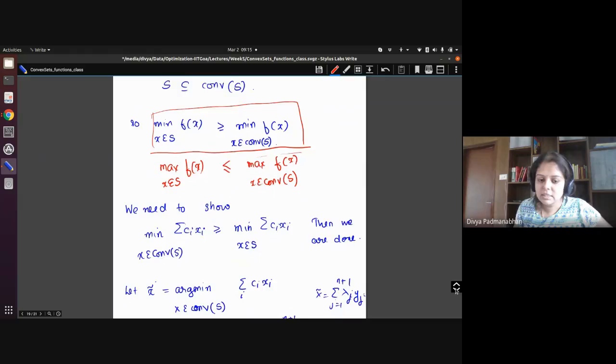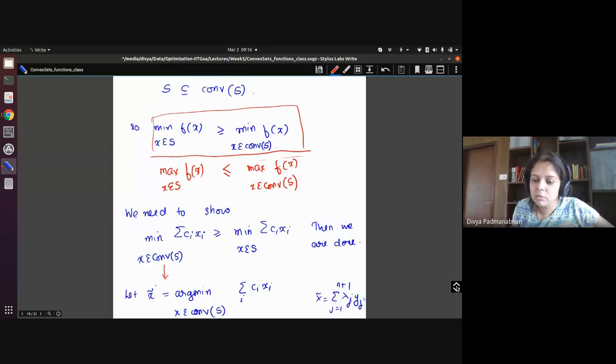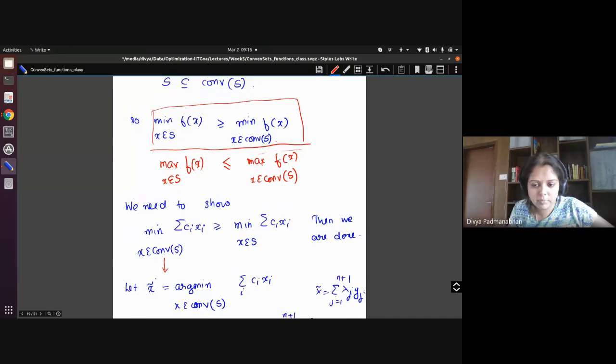Now since this is a linear function, let us say that there's some x tilde from this convex hull which minimizes this linear function. You know from Caratheodory's theorem that this x tilde can be written as a convex combination of n plus 1 points, at least not more than n plus 1 points.